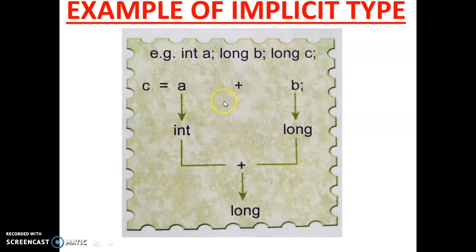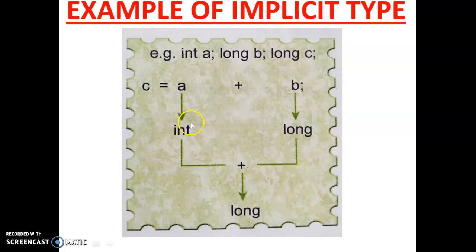So the result should be a single data type. For that, the computer in implicit type conversion changes to the higher data type. There are different data types in Java.